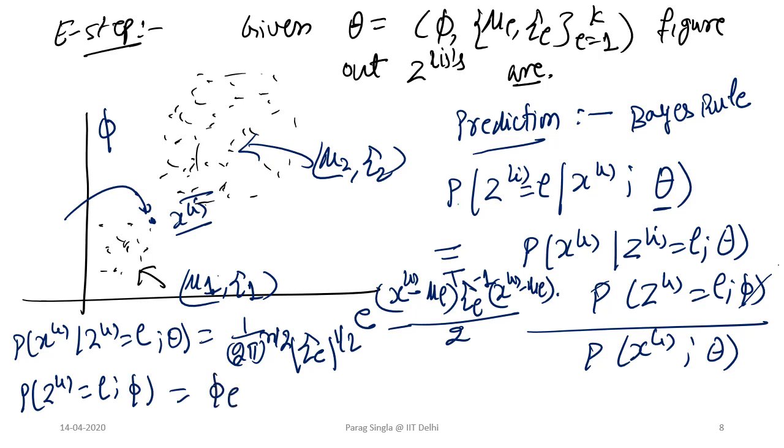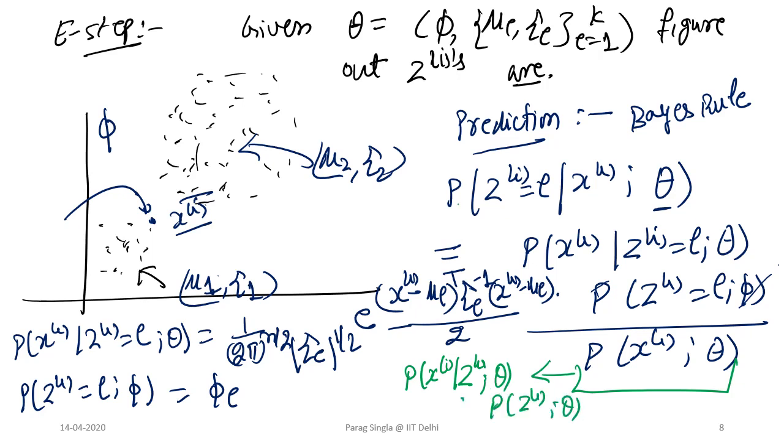And finally, to compute this quantity P of xi parameterized by theta, we can use the law of total probability, which is the sum over all possible values of zi of P of xi given zi parameterized by theta, times P of zi parameterized by theta.